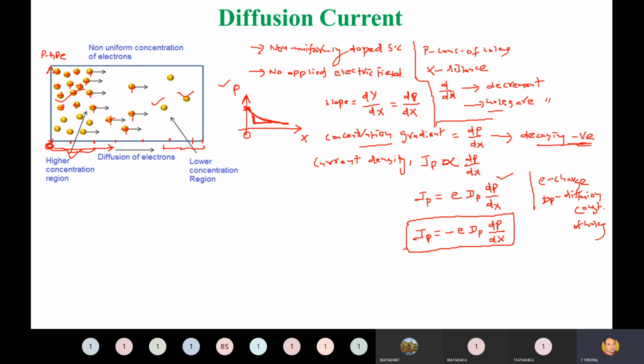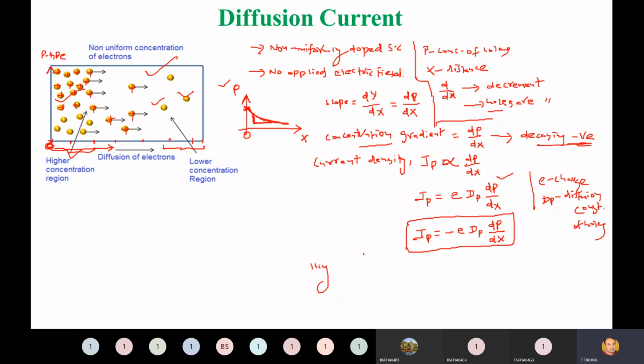Why the minus sign? In order to overcome the decrement of dp by dx, which is a decaying function, we add the minus sign so that the minus of this decrement function is positive. So Jp is equal to minus e Dp dp by dx.